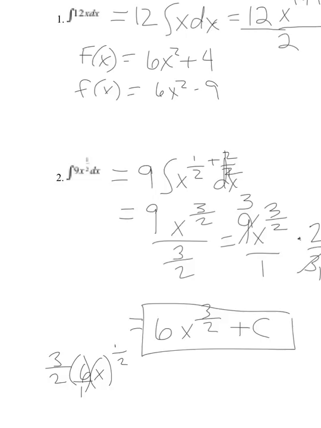And if I were to clean this up, 2 would go into 6 3 times. 3 times 3 is 9, and I would have 9x to the 1/2 power. It checks. Got it? All right.